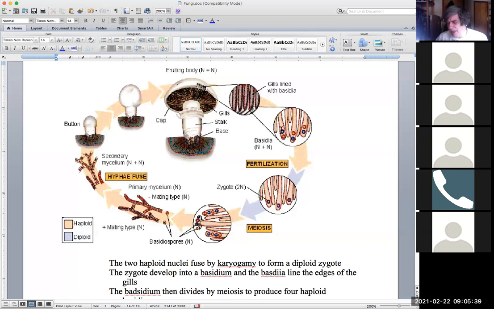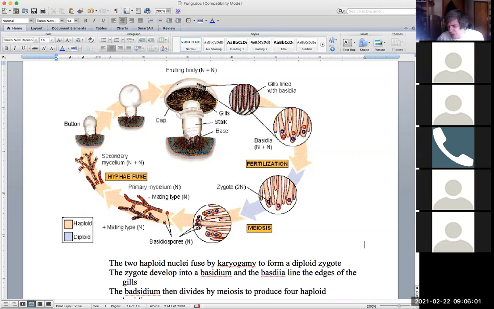So here's a magnification of a basidium, and we have the two different nuclei in here from the different mating strains. So one is called blue, one is red. And then what happens is fertilization, which, remember, is also called karyogamy.